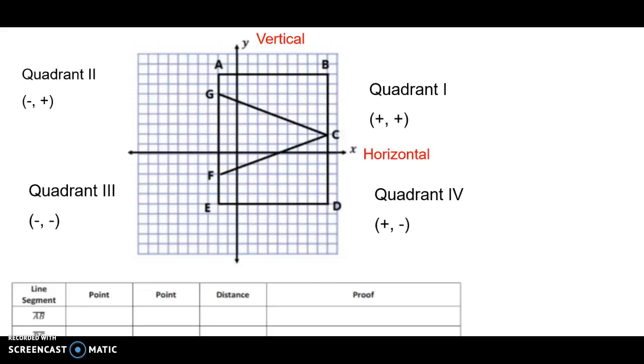I know you guys have seen a coordinate plane before, and I've already started filling mine out. So you should have quadrant 1, which is really this quadrant right here, everything from here on.